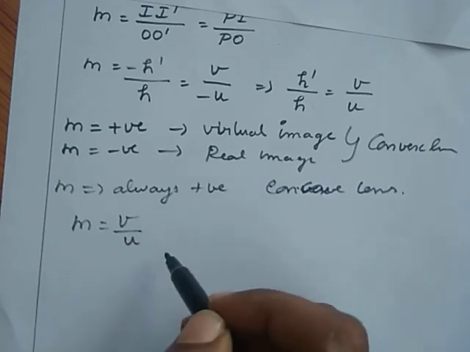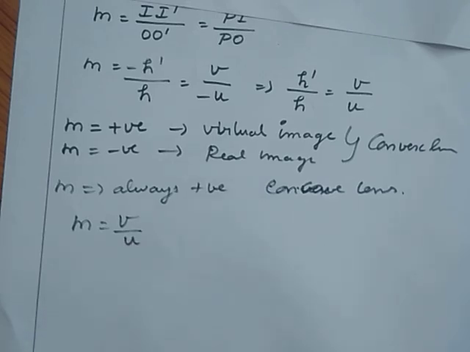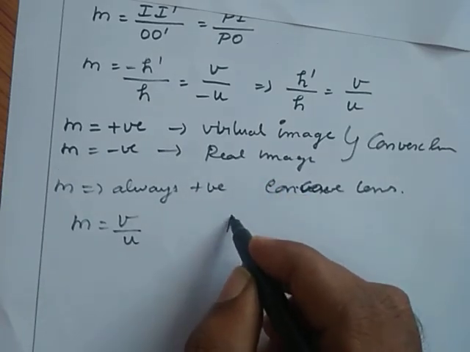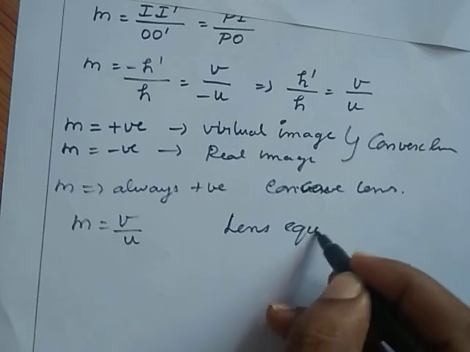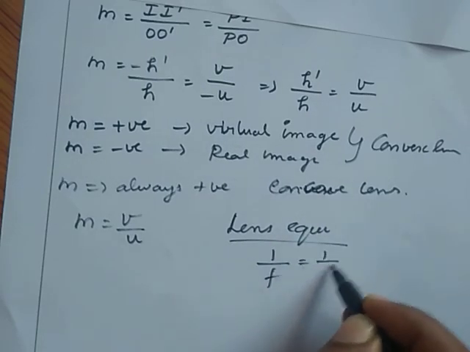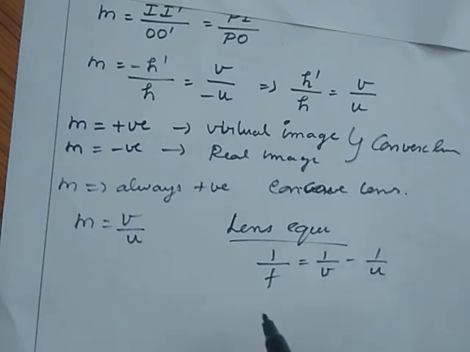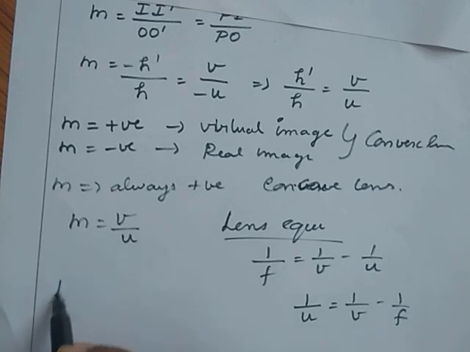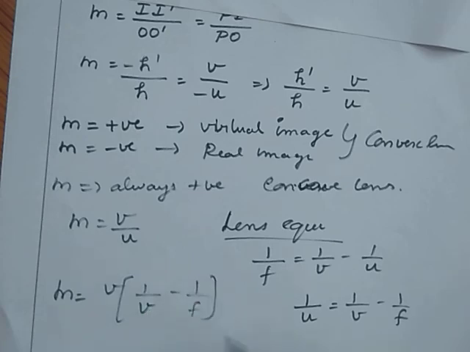We can write this M in terms of F and V and F and U, by using the lens equation. We know the lens equation, that is 1 by F is equal to 1 by V minus 1 by U. Suppose I want to put the value of 1 by U here, so we can write 1 by U is equal to 1 by V minus 1 by F. Substitute here, then M is equal to V into (1 by V minus 1 by F).